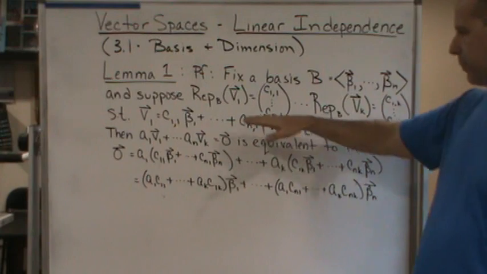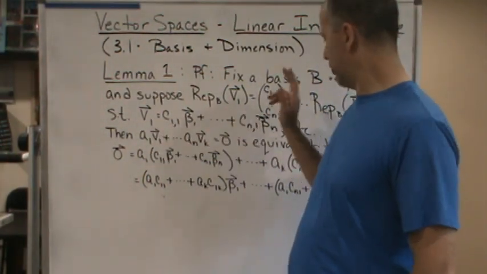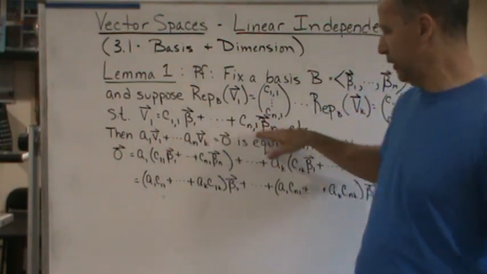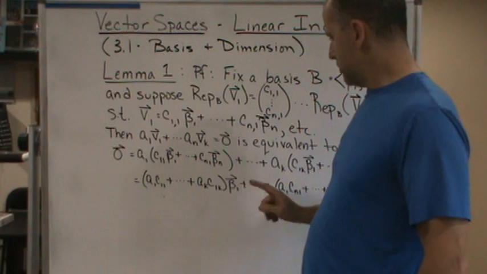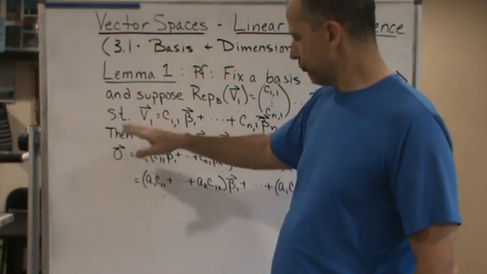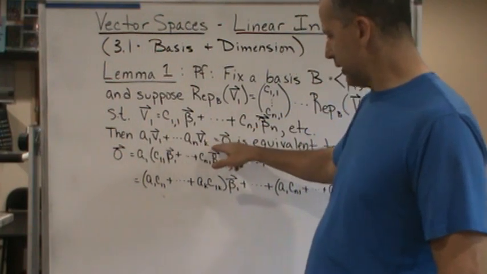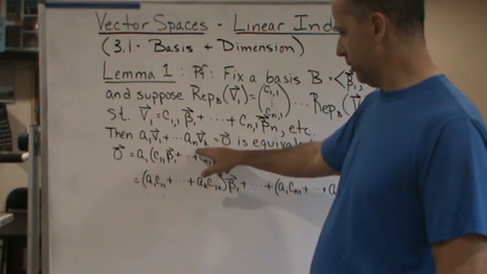So with all these representations, we can write each vector V1 through V sub k as this linear combination. Okay? Then, what happens? We know that this linear combination equals the zero vector.